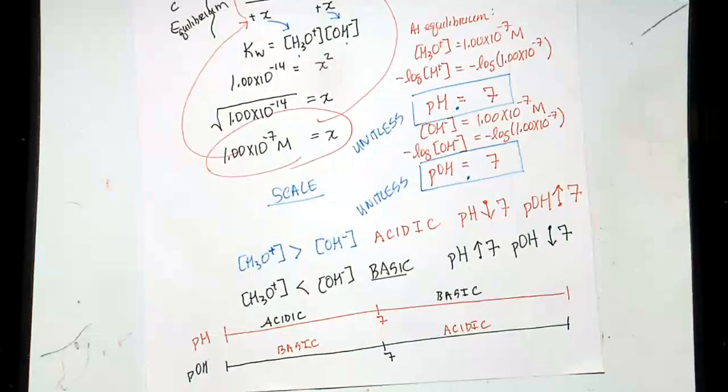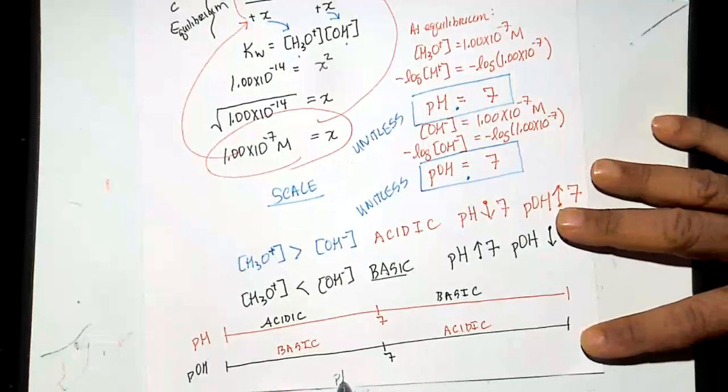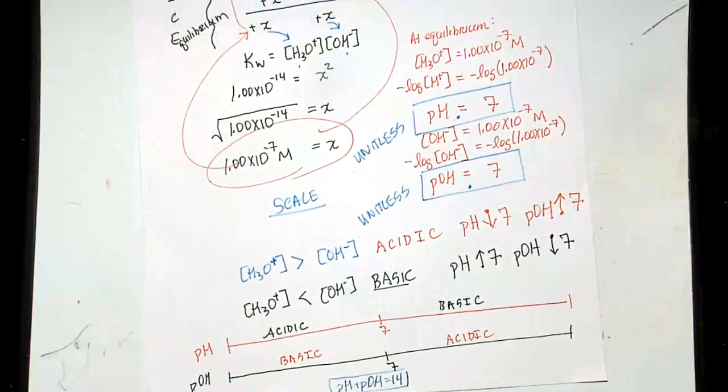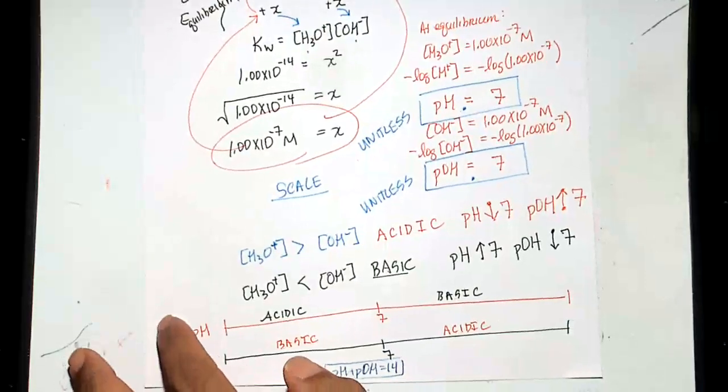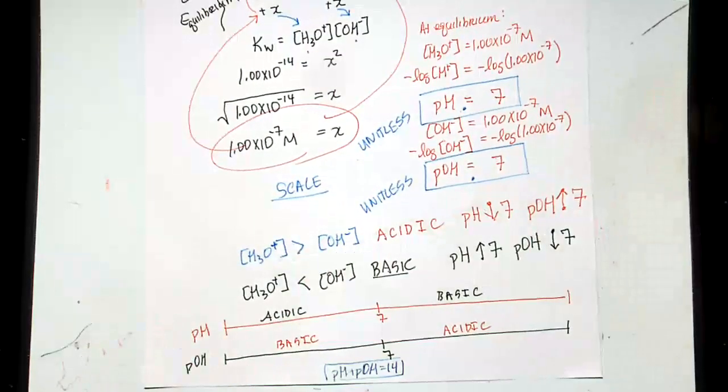Why are they opposites? Because their sum must equal what number? 14. Okay, this is a scale. Generally, the chemistry and biology communities go by pH, but you can also go by pOH. Remember, pH plus pOH is equal to 14.